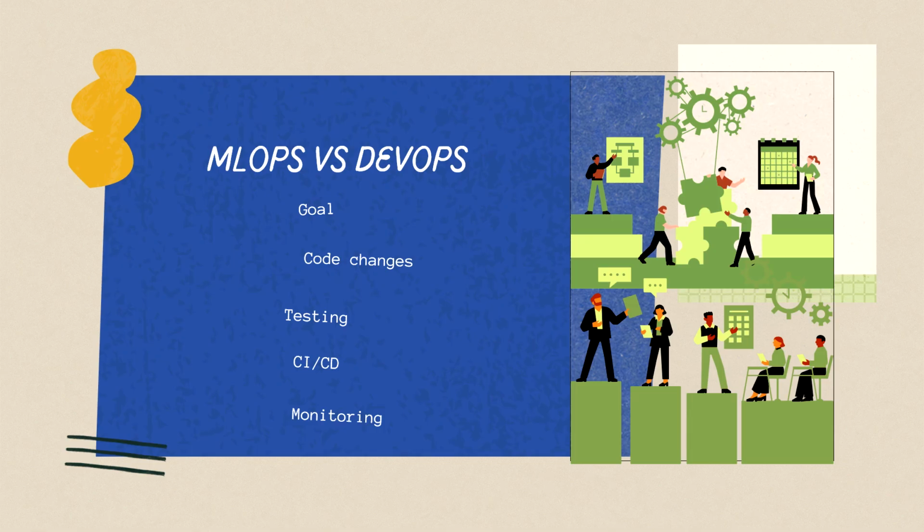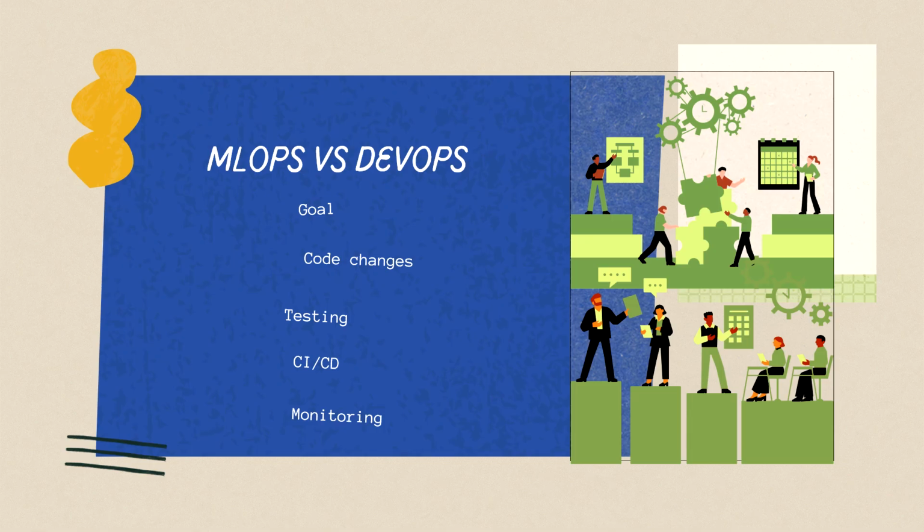So for ML models, it will train and then deploy. Also, in DevOps there may be a possibility of downtime and crashes, but in MLOps, it is all about accuracy and data drift. So these are the major differences between MLOps and DevOps.